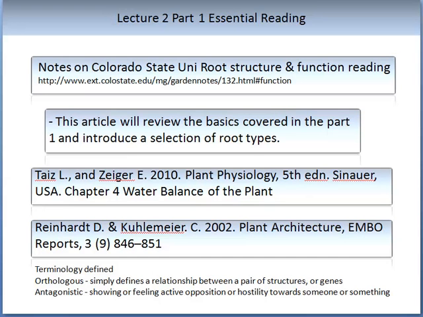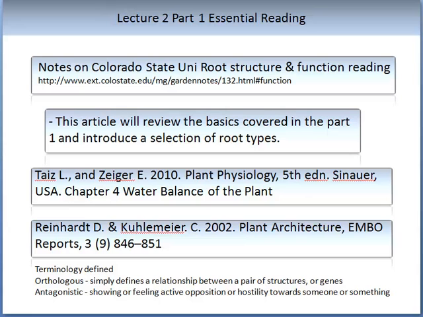In order to complete this lecture, you will need to conduct the following three readings. The first is on some notes written by Colorado State University on root structure and function. This article will review the basics covered in this lecture, part 1, and introduce a selection of root types. The second is a generic reading on plant physiology, Taiz and Zeiger, on water balance of the plant.